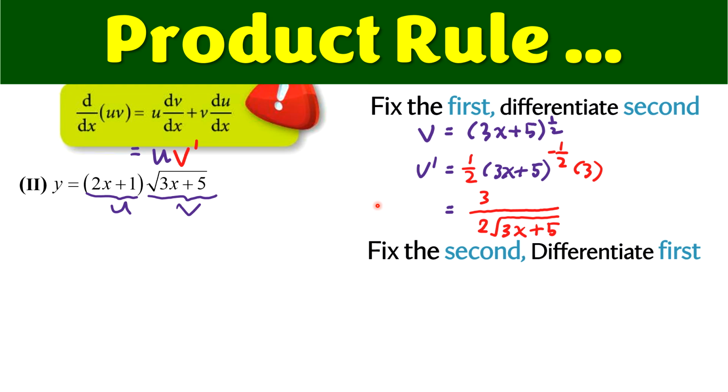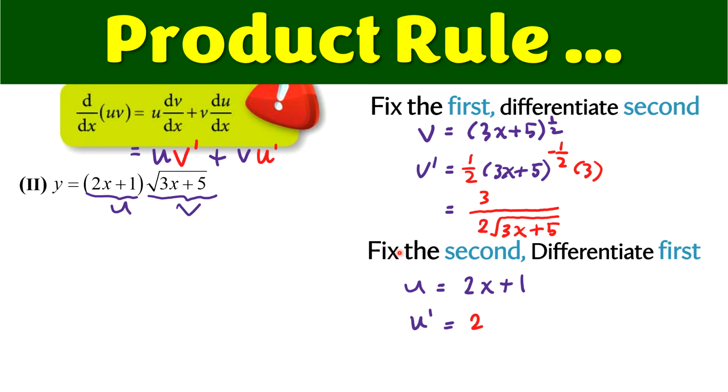So I'm going to look into the second half, which is fix the second and then differentiate the first. Which means I'm going to have v and then times u prime. So what is u over here? u in this case is equal to 2x plus 1. So to find the derivative, this will give us 2. So this is done.